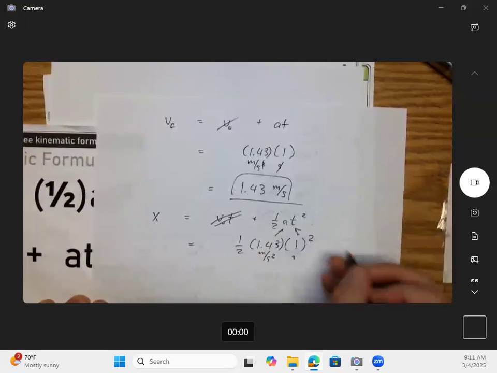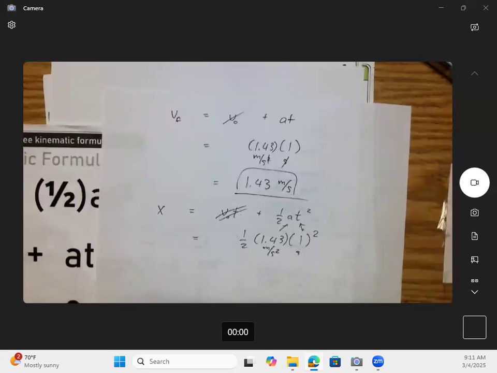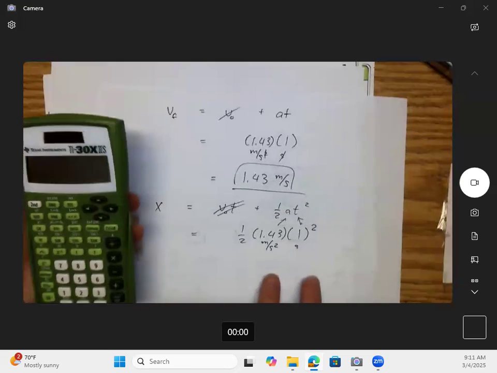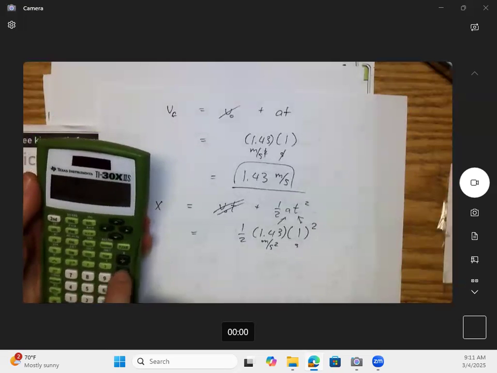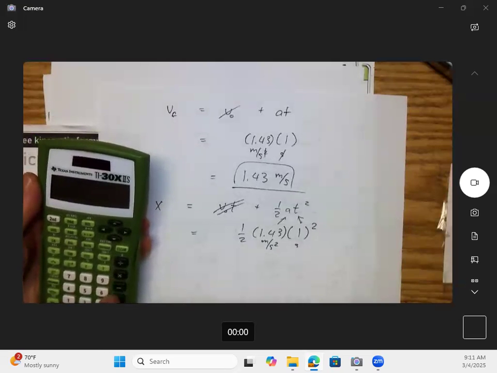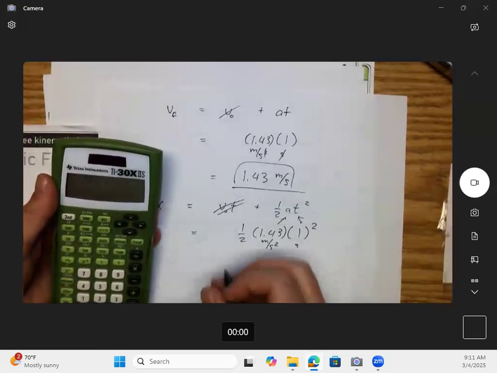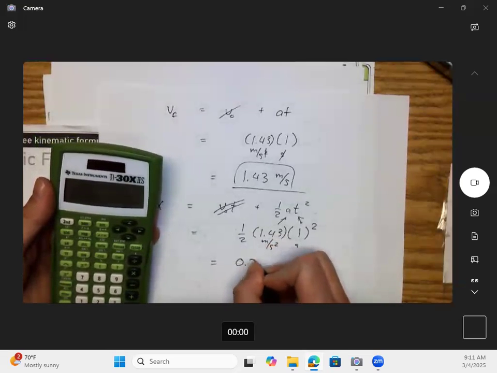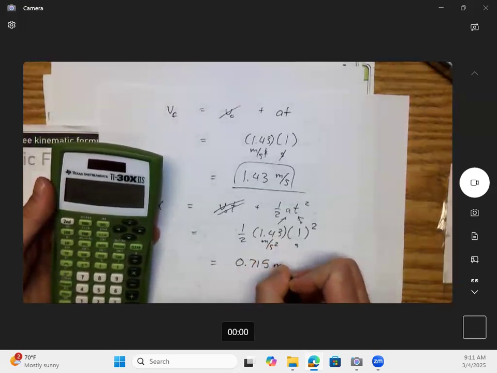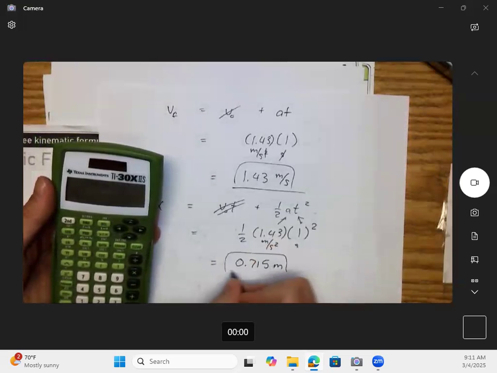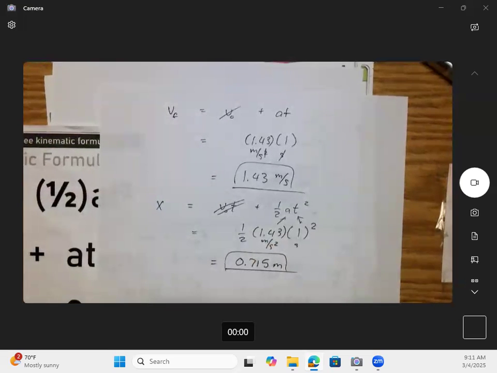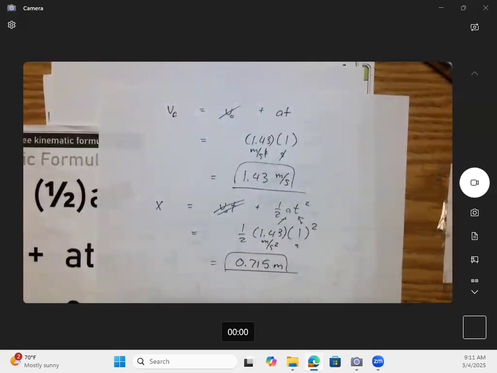Now, don't forget to square the time. Although 1 squared is still 1, that's the only one that works out that way, 0 or 1. So 1/2 times 1.43 times 1 squared looks like 0.715 meters. Or 71 centimeters. You guys getting about 71 centimeters? Yep. Okay.